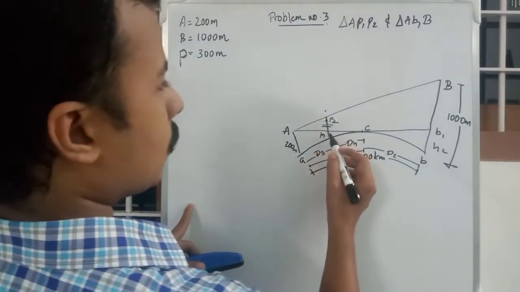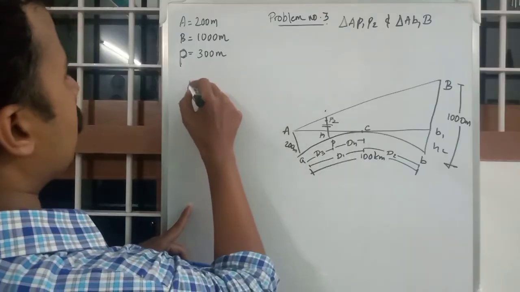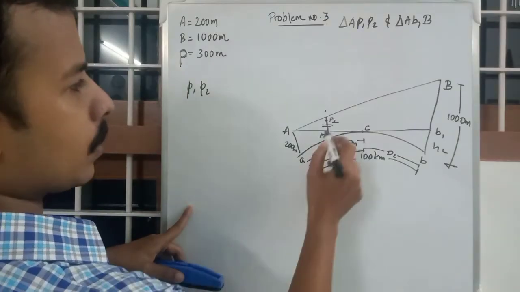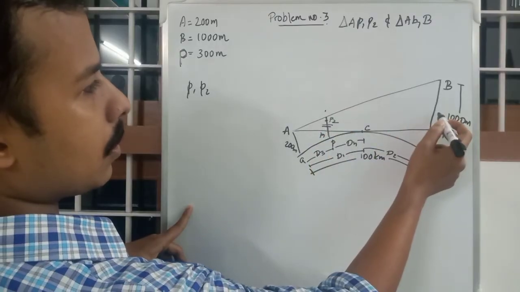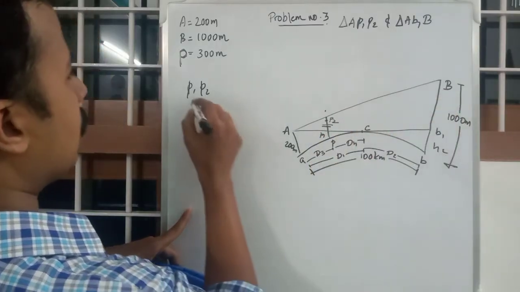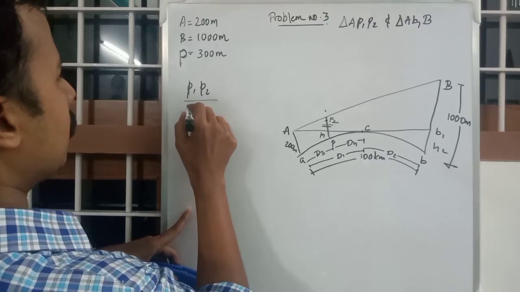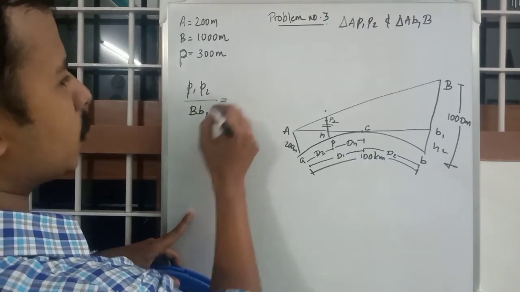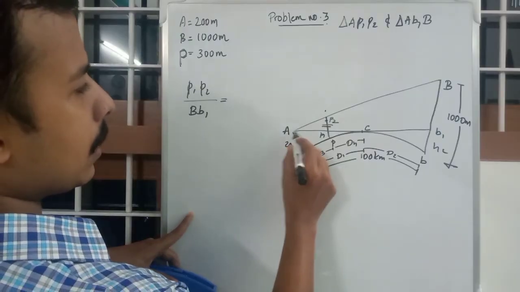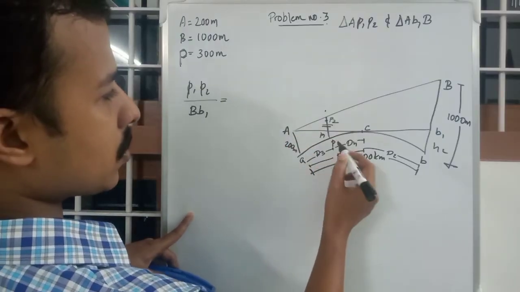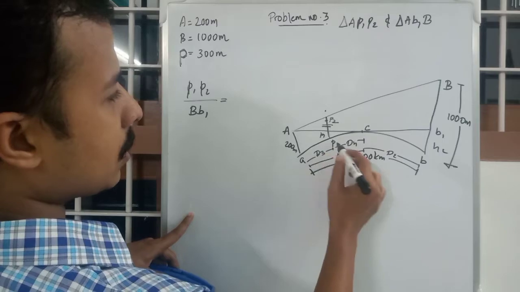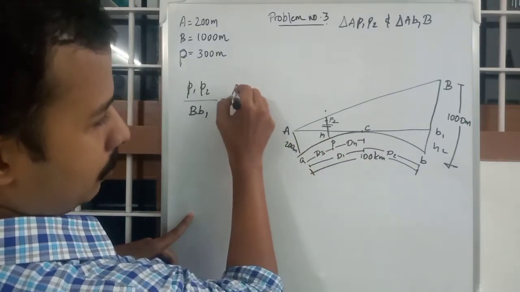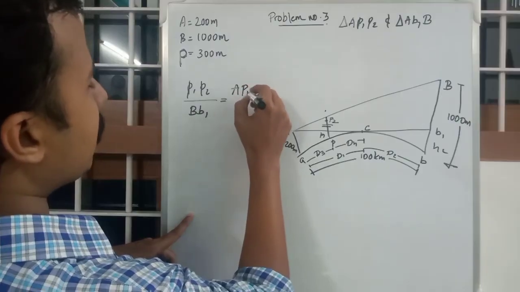So what we want is P1P2, the similar side, divided by BB1, and it should be equal to the base measurement ratio. So AP1, we know what AP1 is.